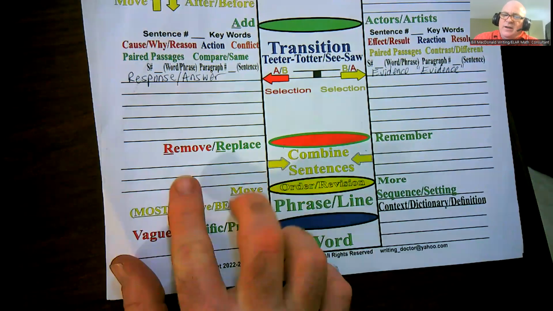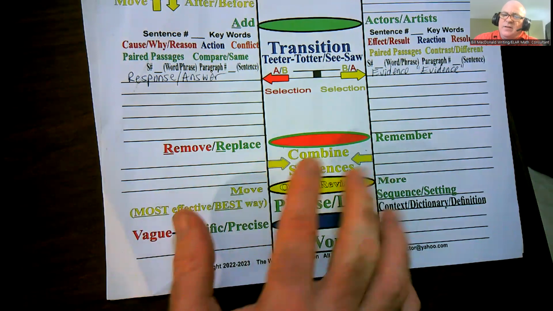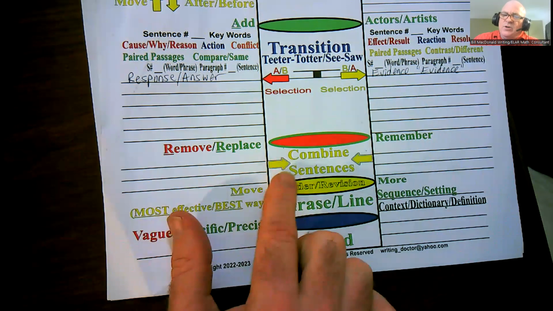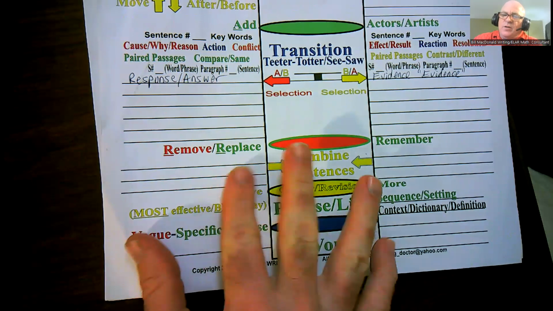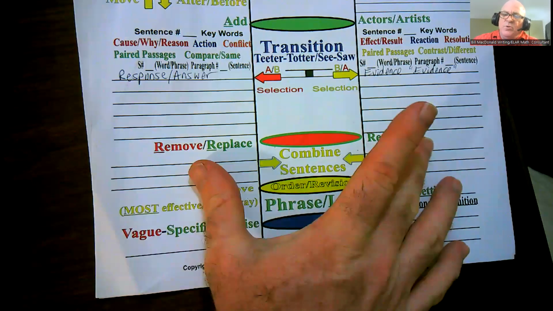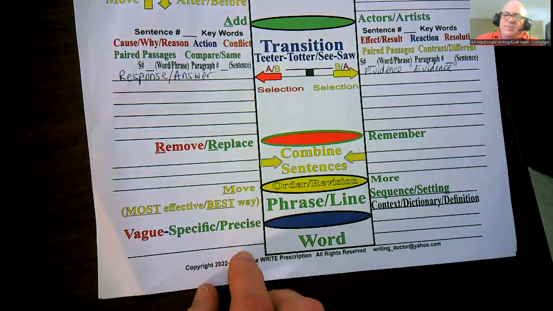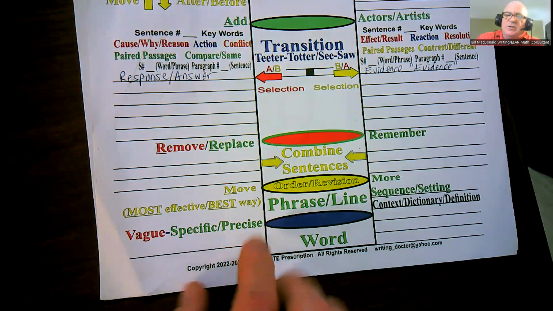In other words, if there's a sentence followed by another sentence and they say, what is the best way to combine? I'm going to show you in the next video. Don't change the meaning or the content, just move the sentences together using some form of comma with a FANBOYS coordinating conjunction.